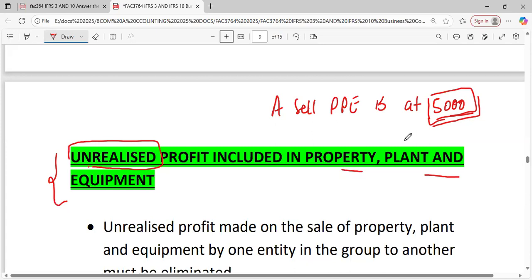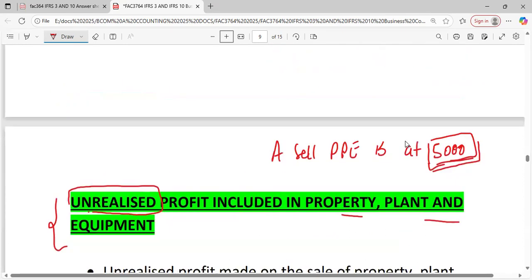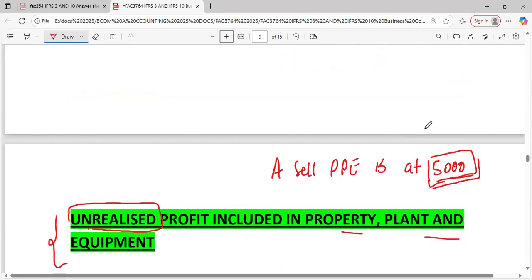It means that excess depreciation must now be written back. So you sold a PP asset at a profit of 5,000, and this profit is now going to be eliminated.